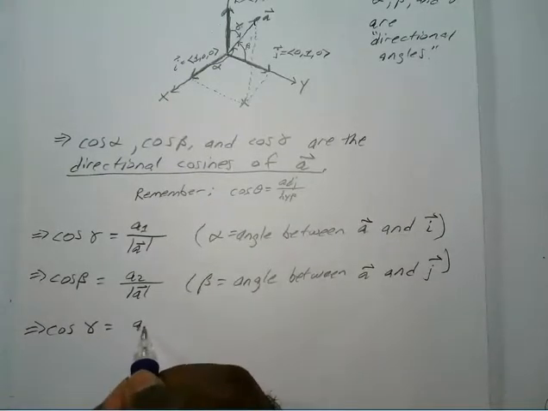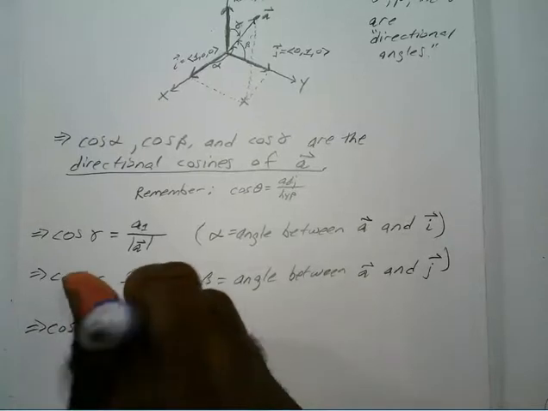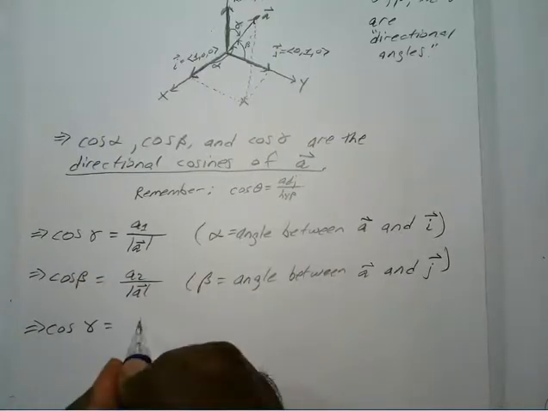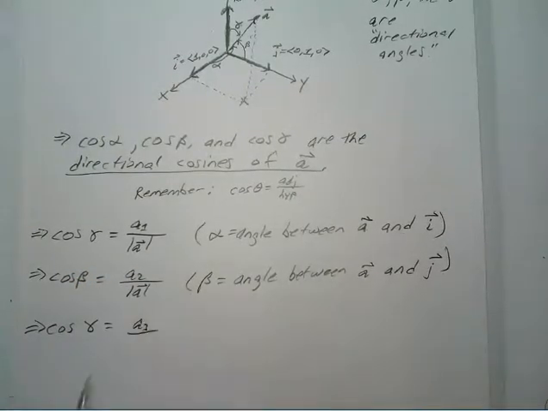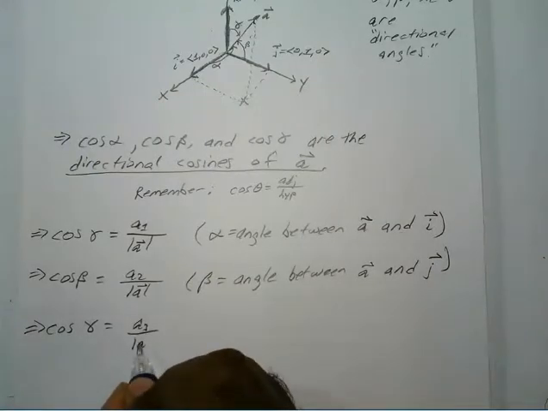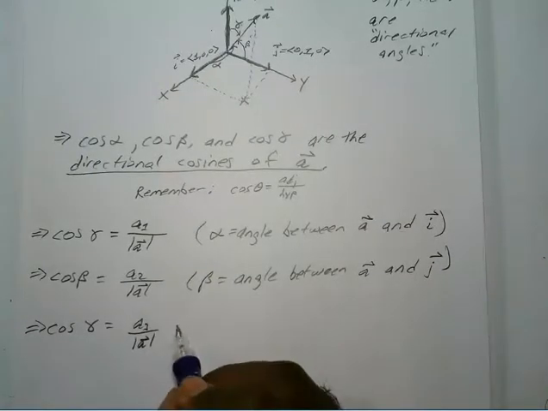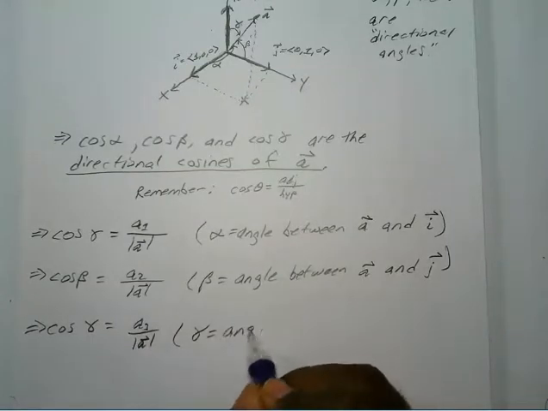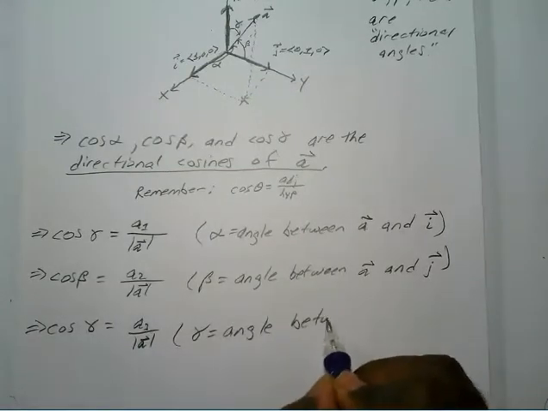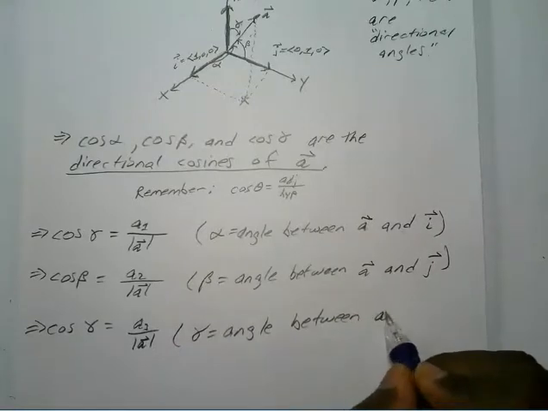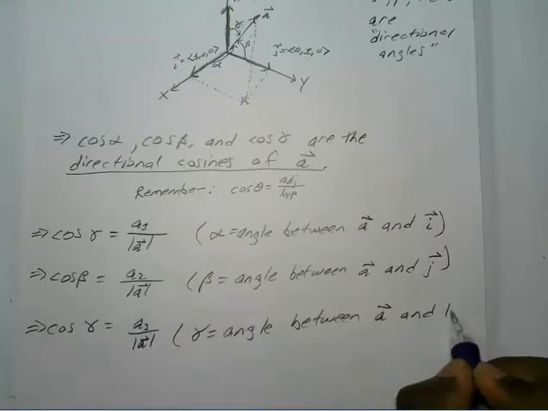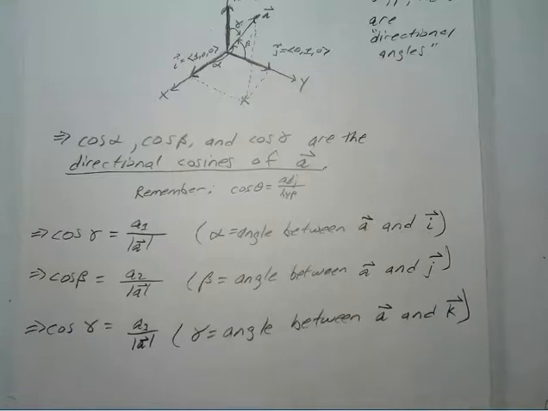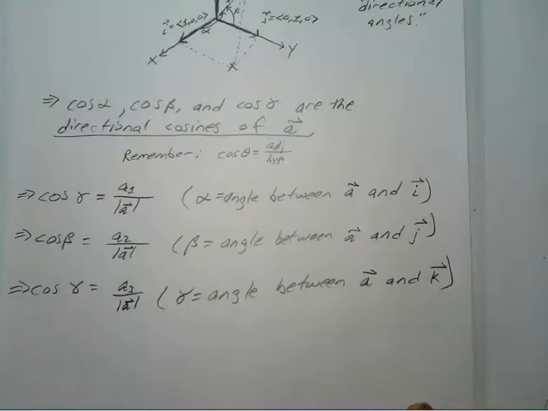That would equal our third component divided by the length of our A vector, where gamma is equal to the angle between our A vector and our K vector.